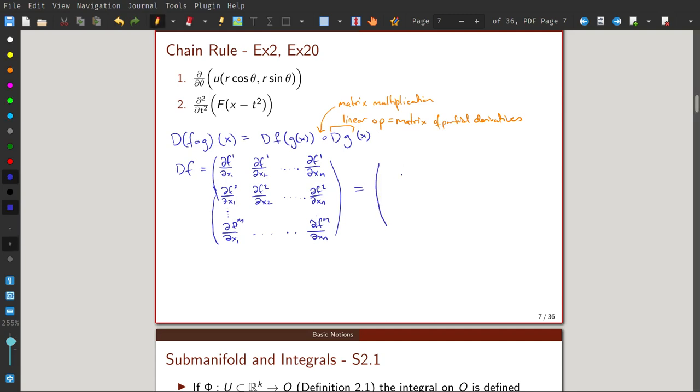We can also write this matrix. What do we have on the top row? We have the first component of f with respect to all the different variables that it's a function of. In other words, we have the gradient of f1. And then on the second row, the same thing with f2. So we have the gradient of f2.